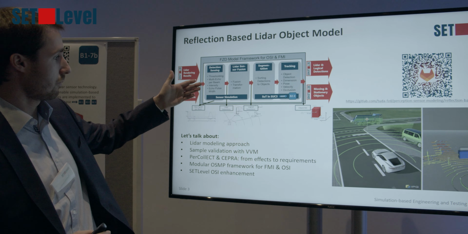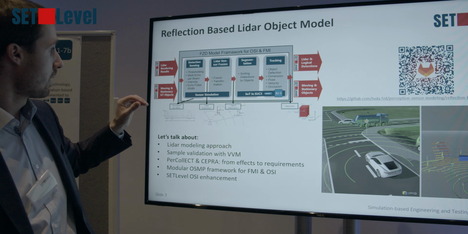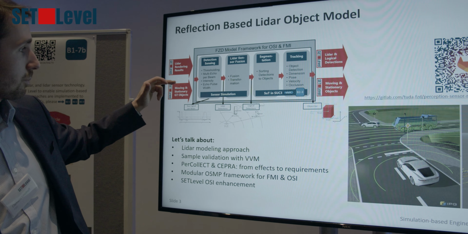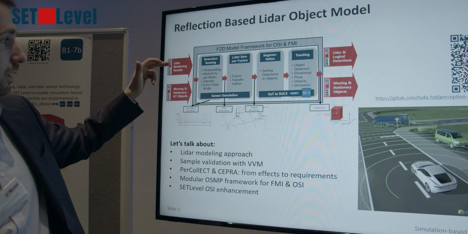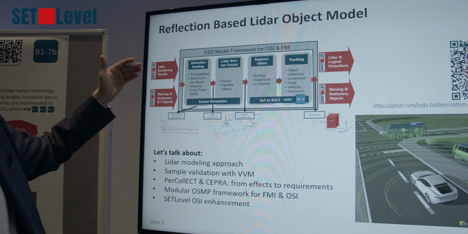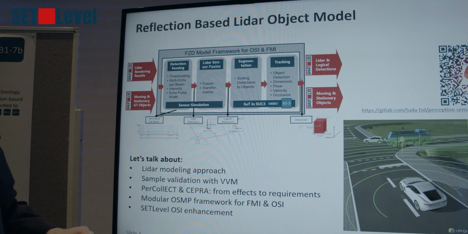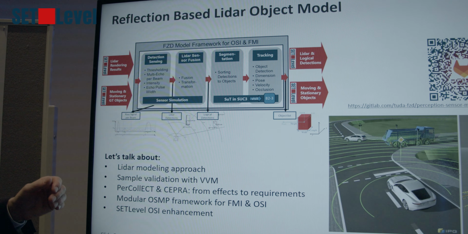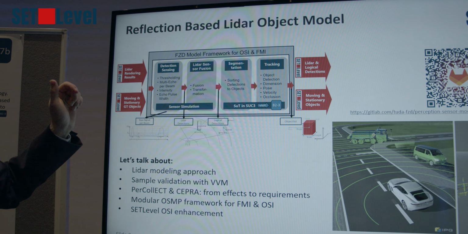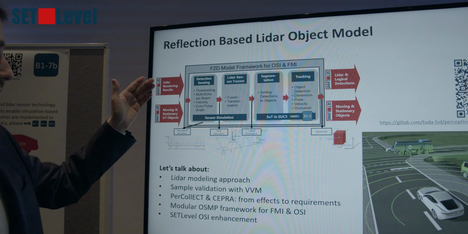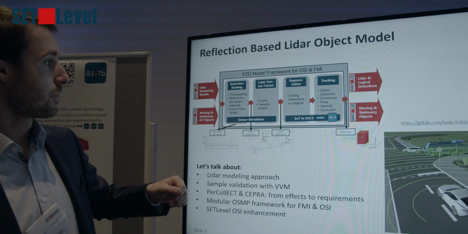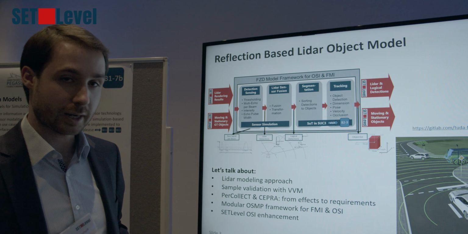This is visualized here, again the same framework, but now next to the objects we also have reflections, or it's called in the enhanced OSI we developed in set level, the rendering results. So this comes from the rendering, and we use it to do our detection sensing.